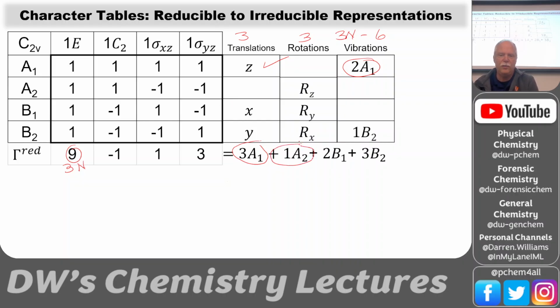We used this one completely, so it's gone, okay? And then the B1s, we used them there and there, so there's none left, right? So we're out of B1s. So we're done with that. And then for the 3 B2s, we used 1 here, we used 1 here, so there's only 1 left. So we have a vibration that is B2.